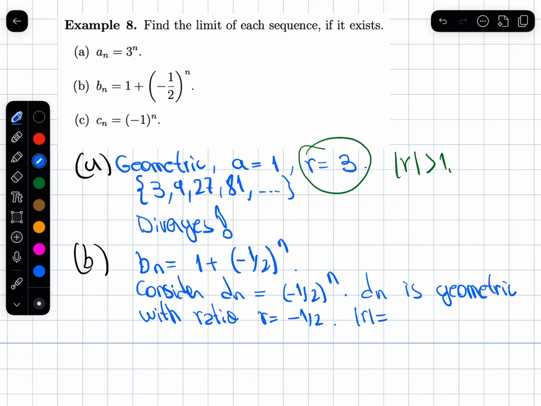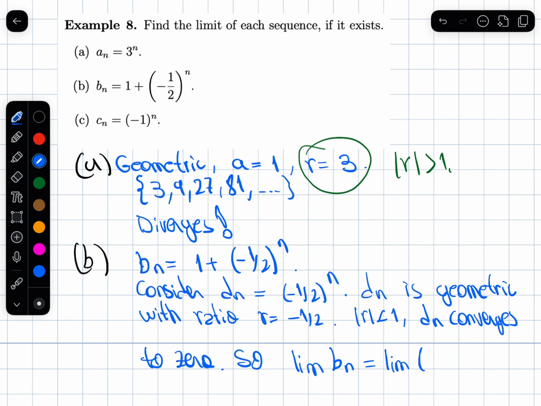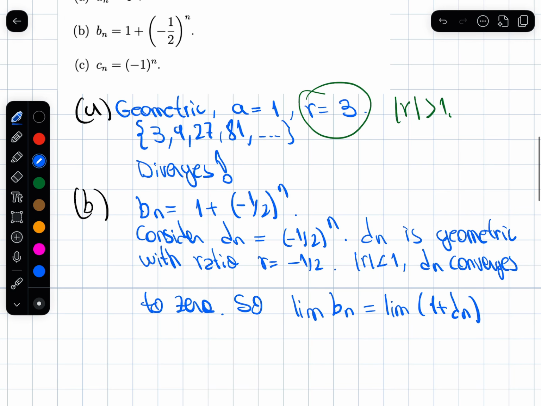Because the absolute value of r is less than 1, d_n converges, and it converges to 0. So the limit of b_n is going to be the limit of 1 plus d_n, so it will be 1 plus the limit of d_n. So it's 1 plus 0, which is 1.